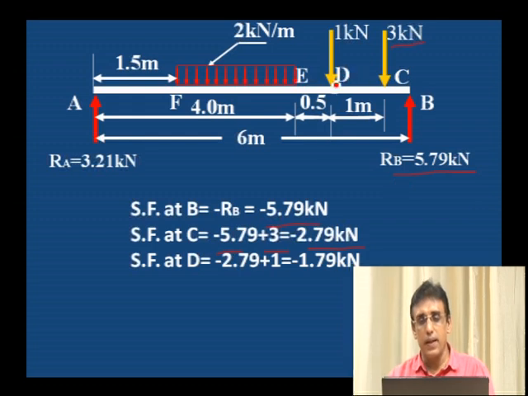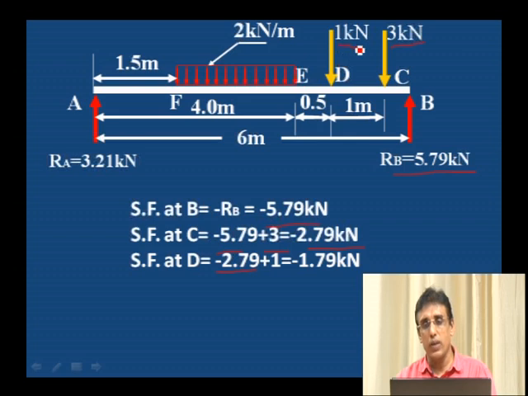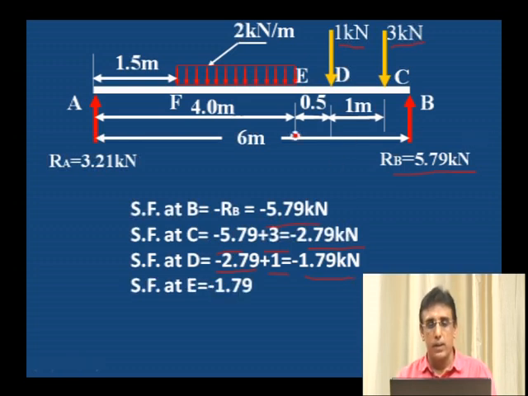Shear force at D, the previous value is minus 2.79 plus one more load is added, that is 1 kilonewton. Therefore, minus 1.79 kilonewton is the shear force at D. Shear force at E, there is no further load added between E and D, that is why it is minus 1.79.